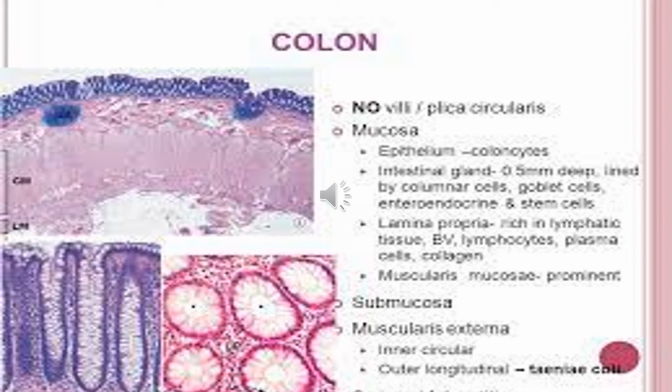The muscularis externa is made up of an inner circular layer, while the outer longitudinal layer of smooth muscle is arranged in the form of three thick flat bands, which are called taenia coli. It is a characteristic feature of the colon, and it may be covered with serosa.